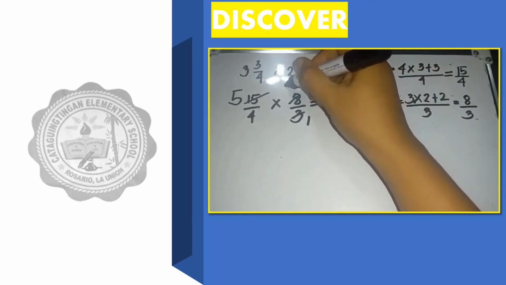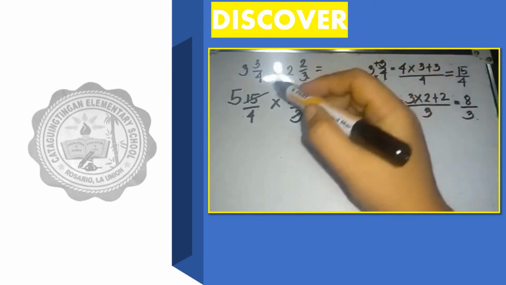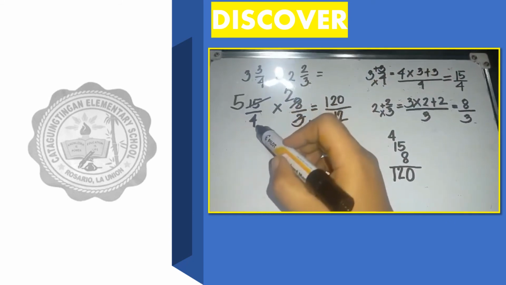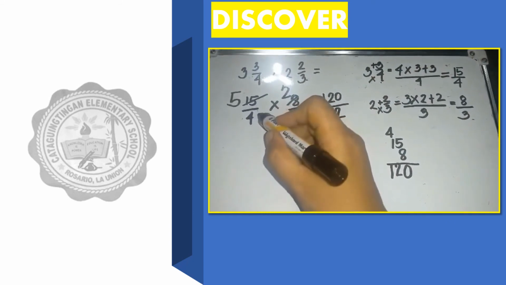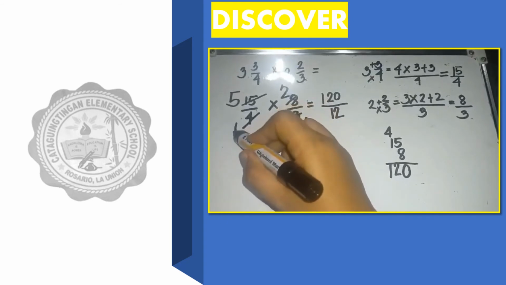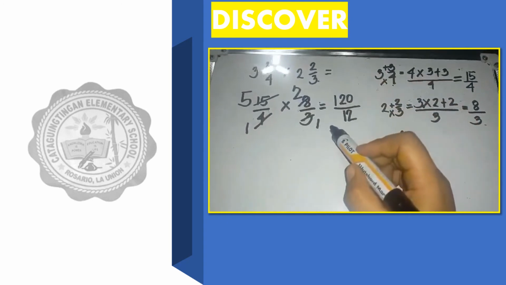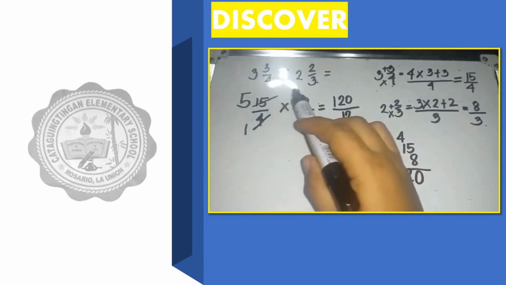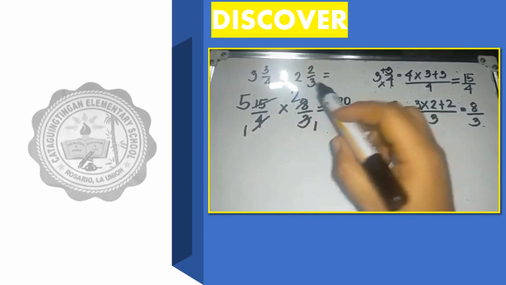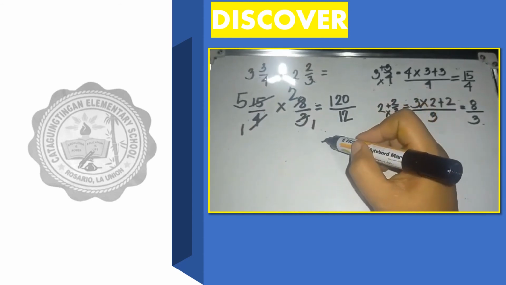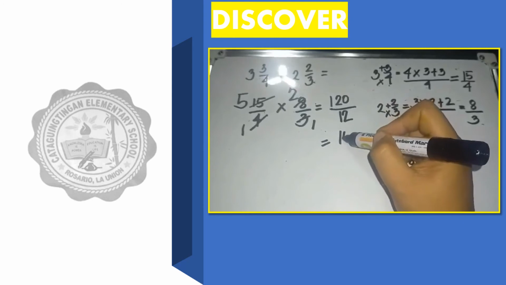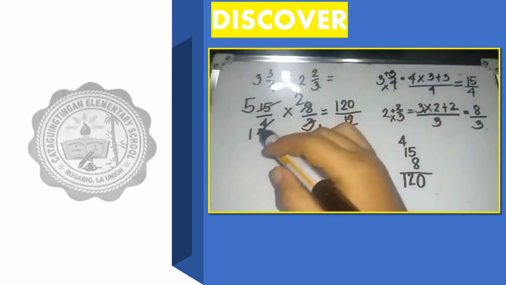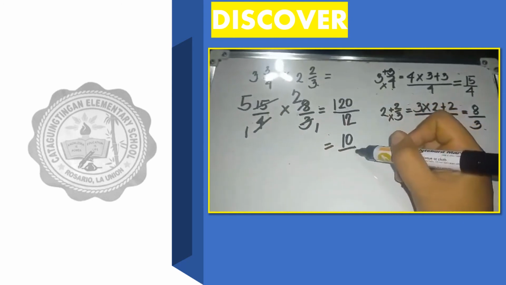Kakancel natin yung 8, magiging 2. Then, yung 4 magiging 1. So, let us proceed to 5 times 2 is 10. 1 times 1 is 1.